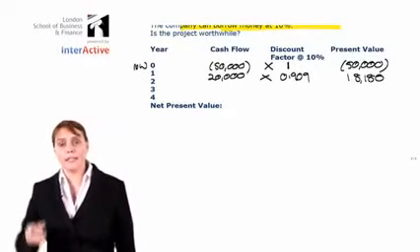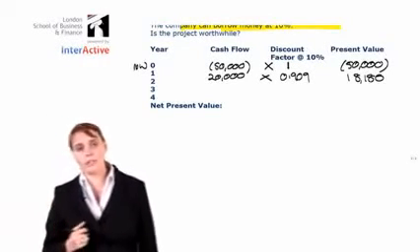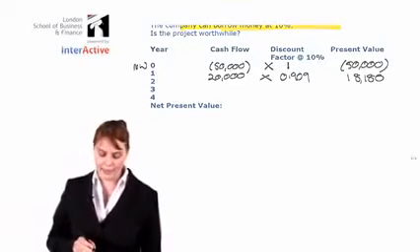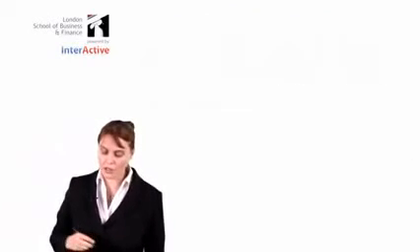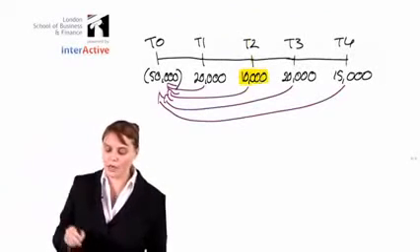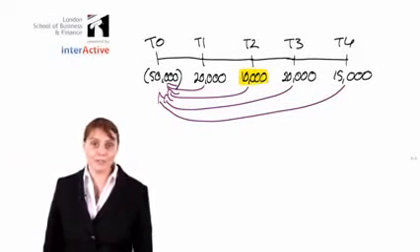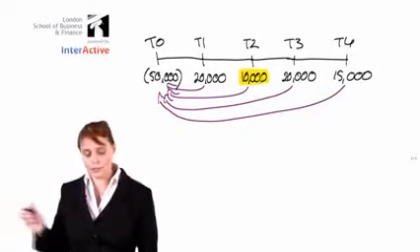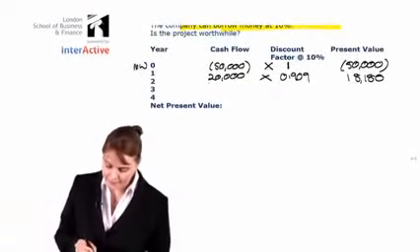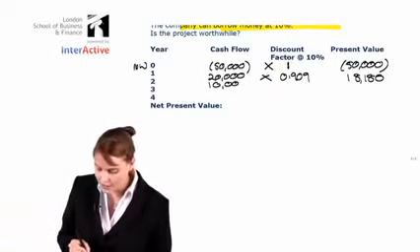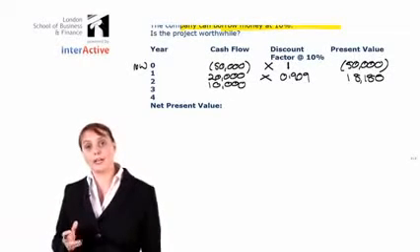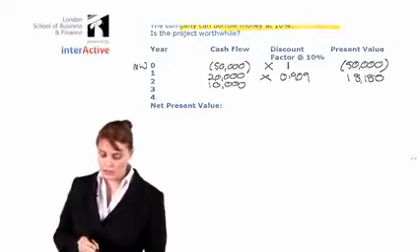Let's keep going. In 2 years' time, what is our cash flow going to be? Well, we saw when we did our timeline, in 2 years' time, we'll have a cash inflow of $10,000. So if we add that in, we've got $10,000. Now we need to check our discount factor. Let's go back to our tables.